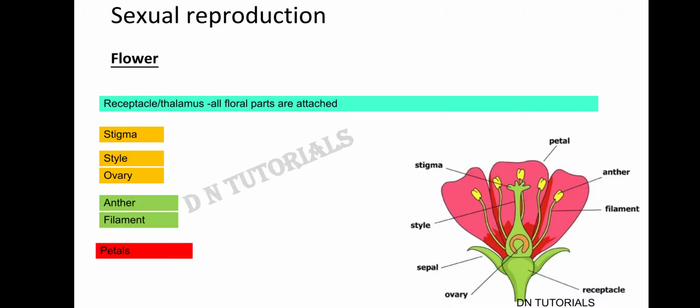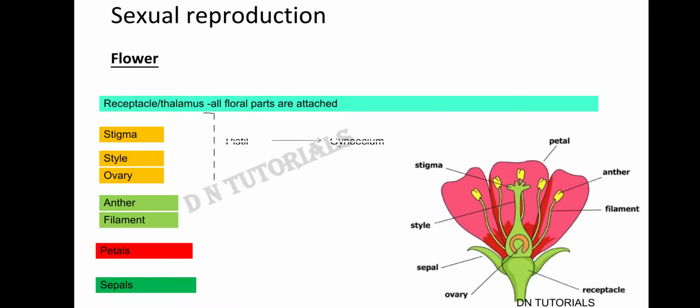The next part is the petal. Petal is the most attractive part of the flower. Petal plays a crucial role in pollination. It attracts the insects. The next part is the sepal. Sepal protects the flower when it is in the form of a bud.